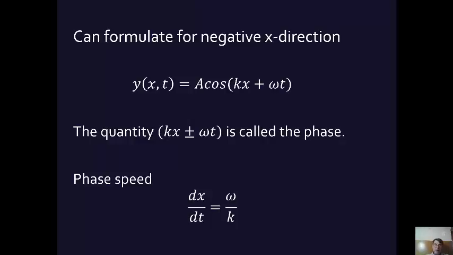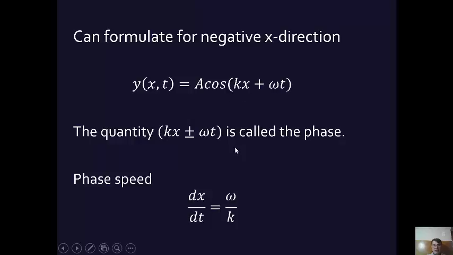This quantity right here, kx plus or minus omega t, is sometimes called the phase. And we can talk about the speed of the wave. Another way to talk about the speed of the wave is, since it's going to be constant, this part here is going to equal a constant.